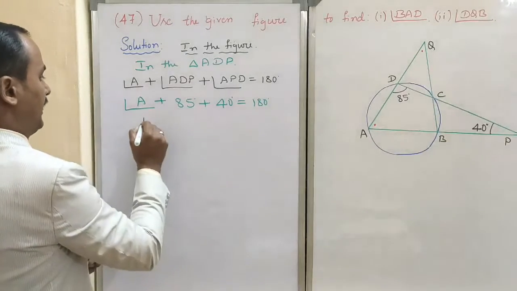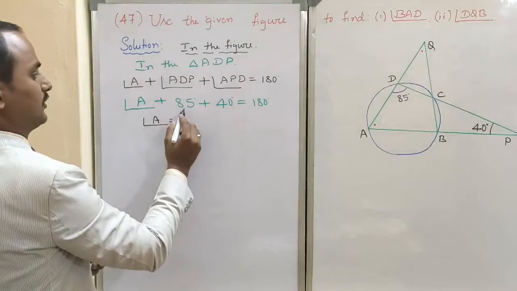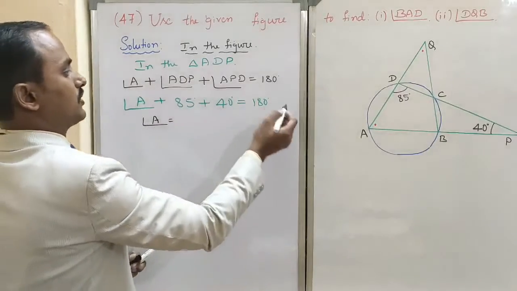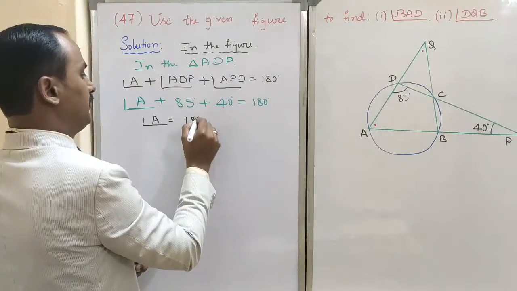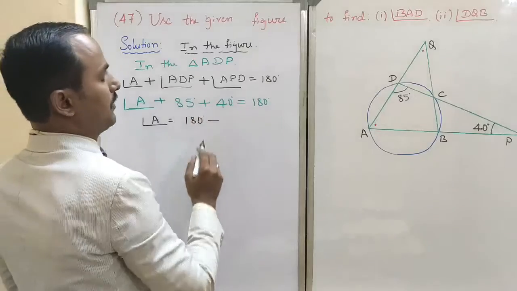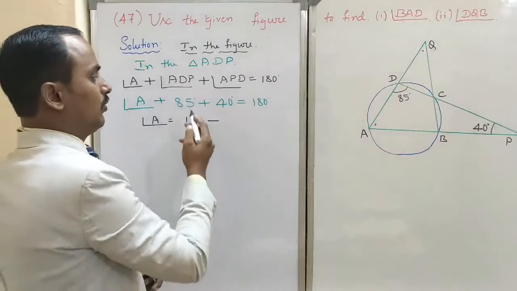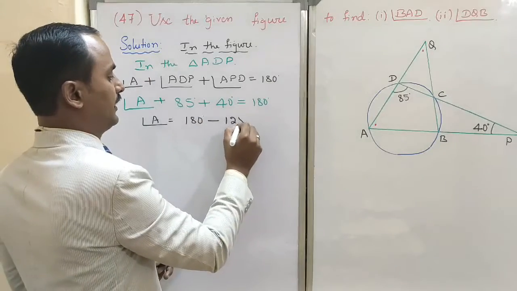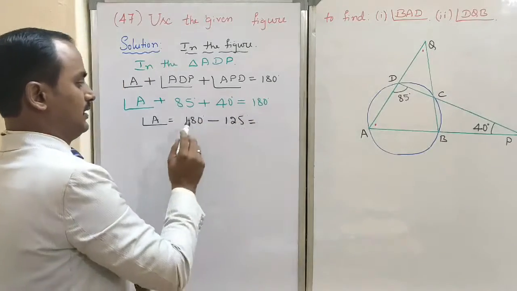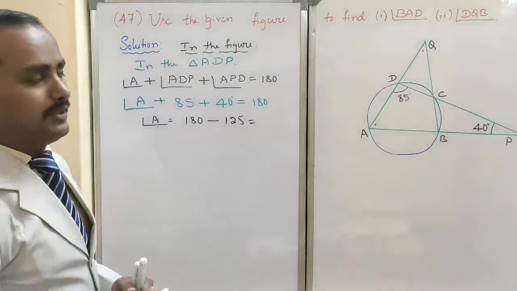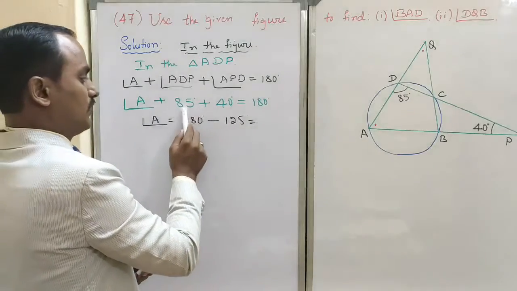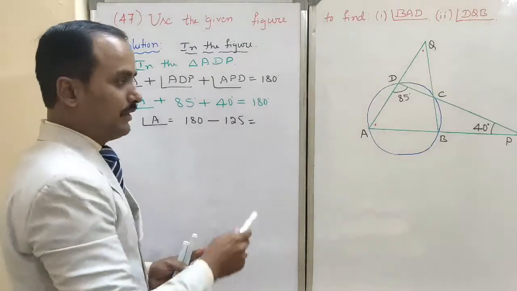See, angle A is equal to, these two additions go to the right side: 180 minus (85 plus 40). 85 plus 40 is 125 degrees, so plus 125 comes to the right side as minus 125.